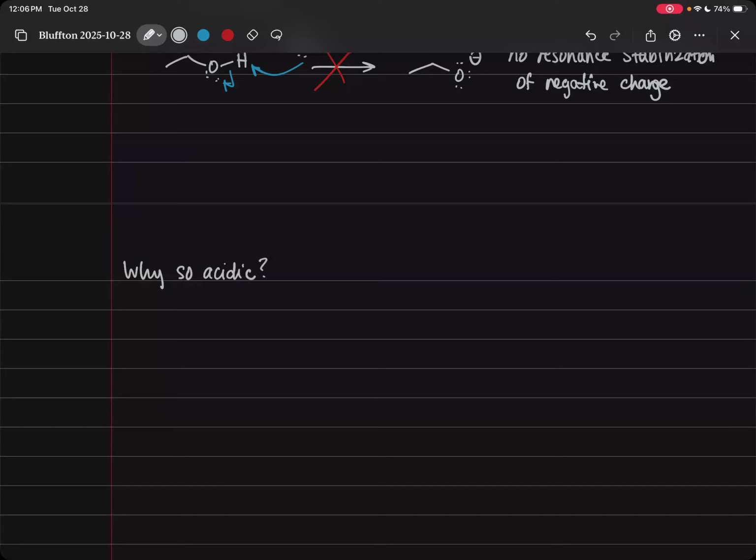Definitely alluded to this, but why are carboxylic acids so acidic? Well, if you take this reaction, we add base and we remove a proton. So same reaction I just showed before, except without the arrows. We get to that ion.